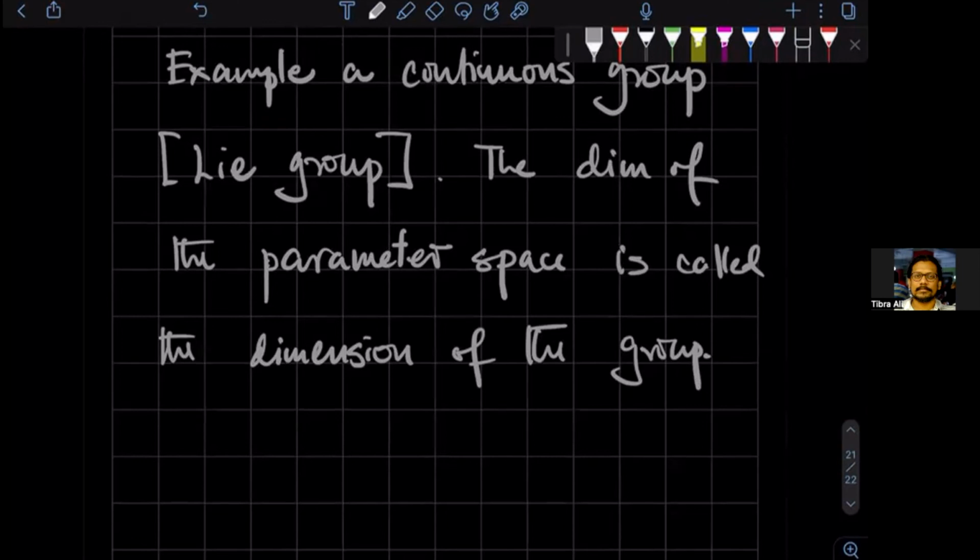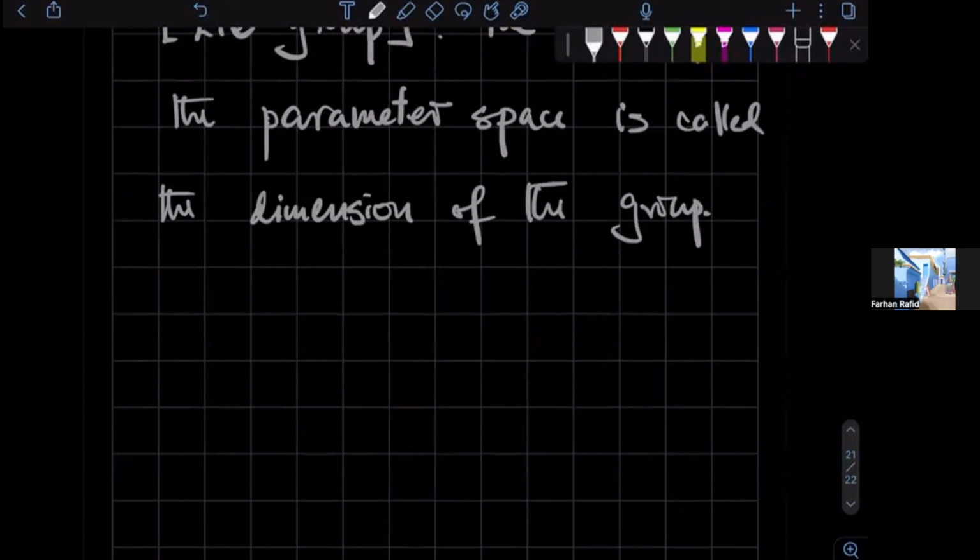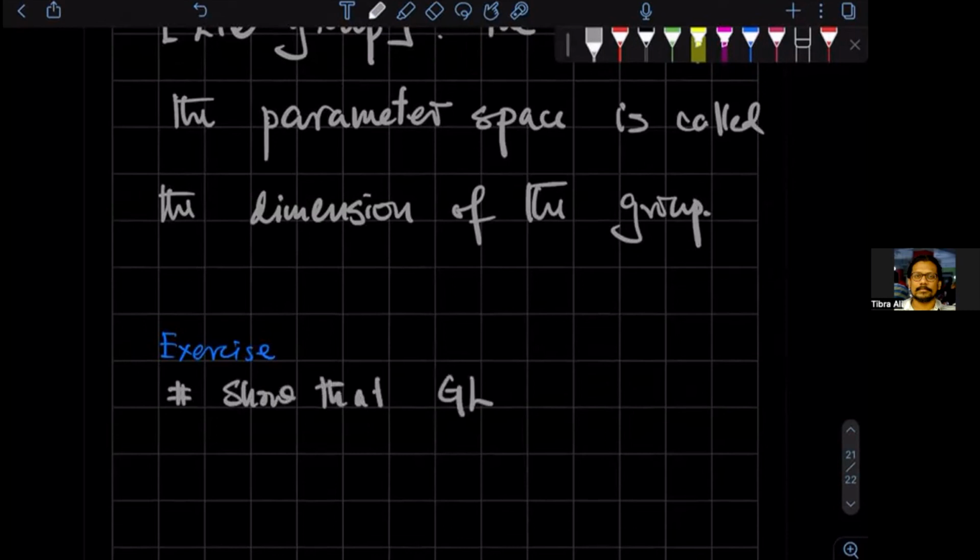Okay, so the exercise is, now show that GLNC, where C is the complex numbers, these are the n by n matrices with complex entries and non-zero determinant, form a group.